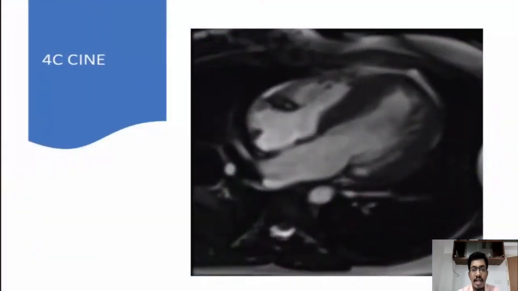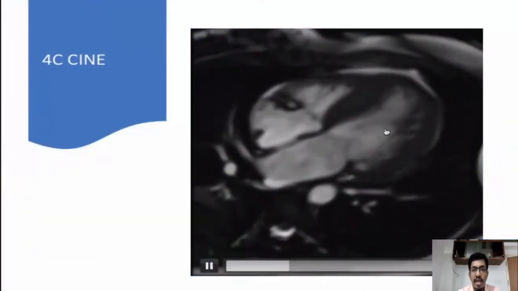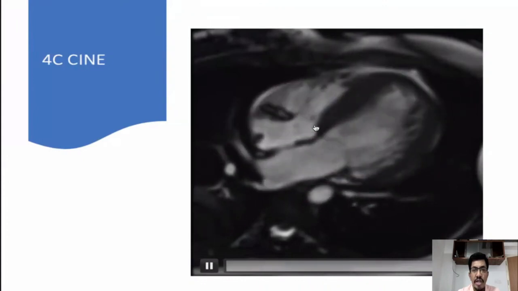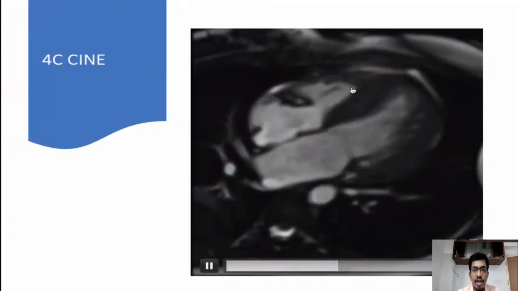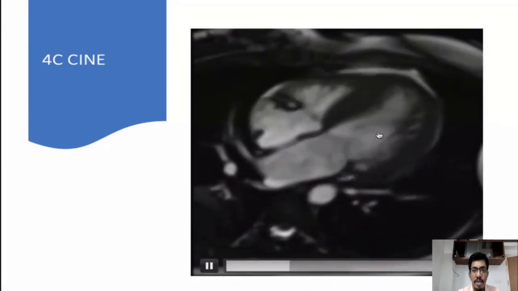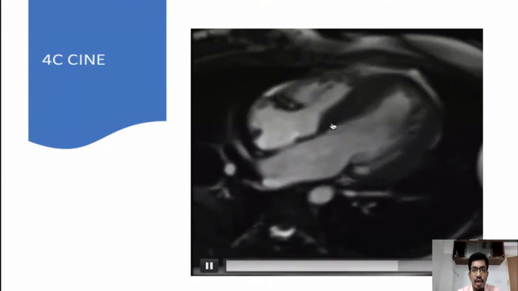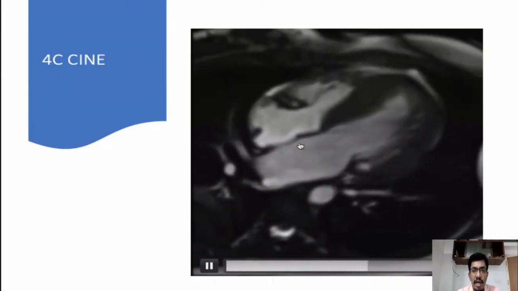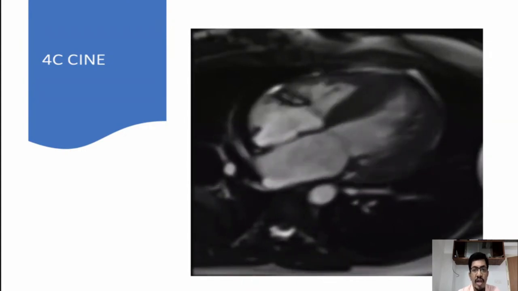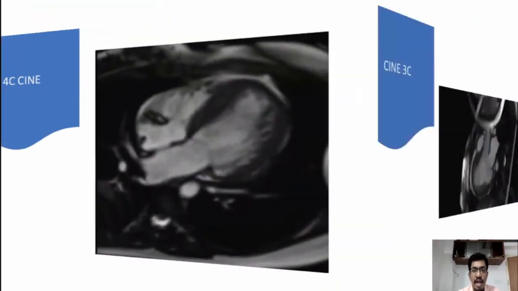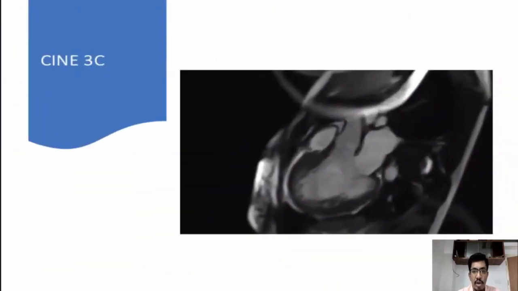And this is the cine pictures. You can see the function is good. There's an interatrial hypertrophy. There is an interventricular hypertrophy. There is hypokinesis of the interventricular septum. And you can clearly see here the lateral wall contracts very well. And this phenotype is that of a preserved ejection fraction heart failure, and RCM would be the likely diagnosis.